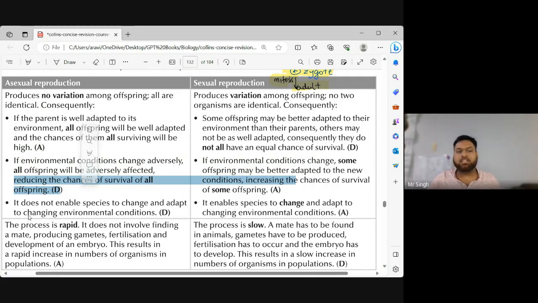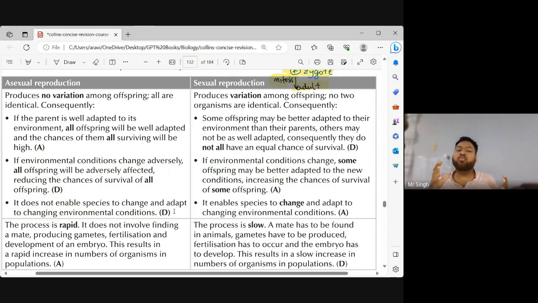Right? Next one, and this of course is a disadvantage, D, right? It does not enable the species to change and adapt to its changing environmental conditions. Because all the organisms come out the same. Remember we looked at the blue bacteria just now, and all the organisms came the same as the first one.